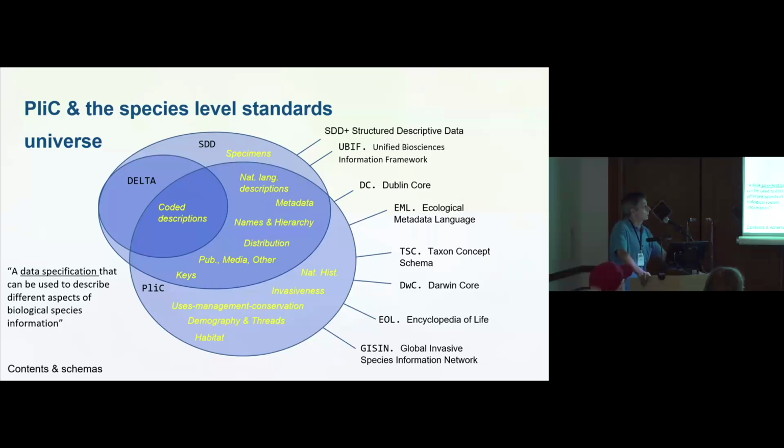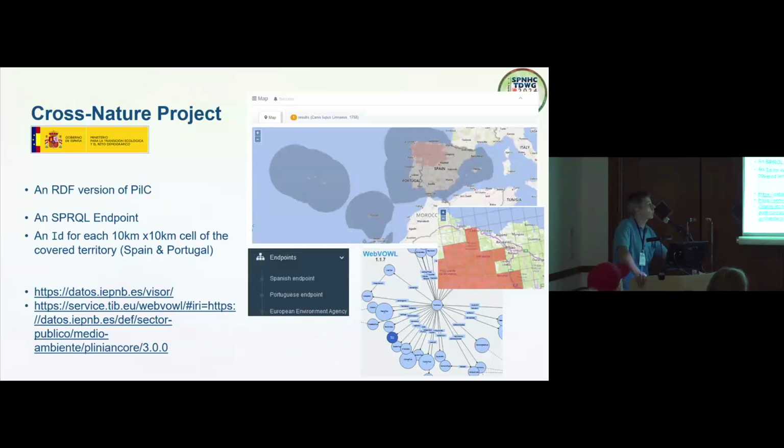Plinian Core is different from the others in the sense that it covers not just biological information, but also other aspects related to the species, such as legislation or uses or management. It reuses a number of terms from other standards, such as Darwin Core, Dublin Core, EOL, and some others. And with this, I move quickly into the real-world cases.